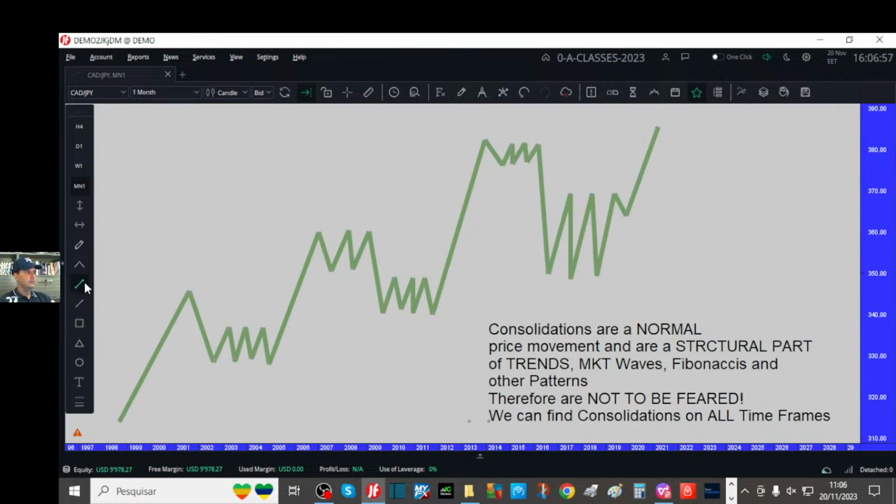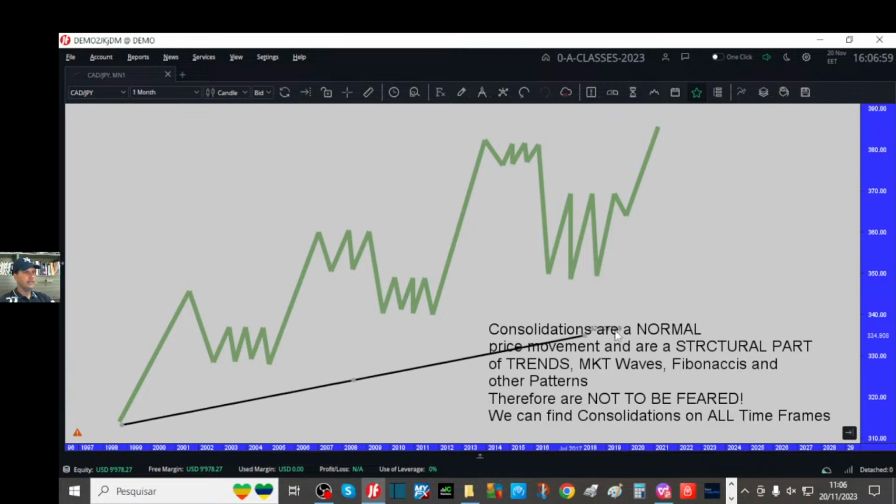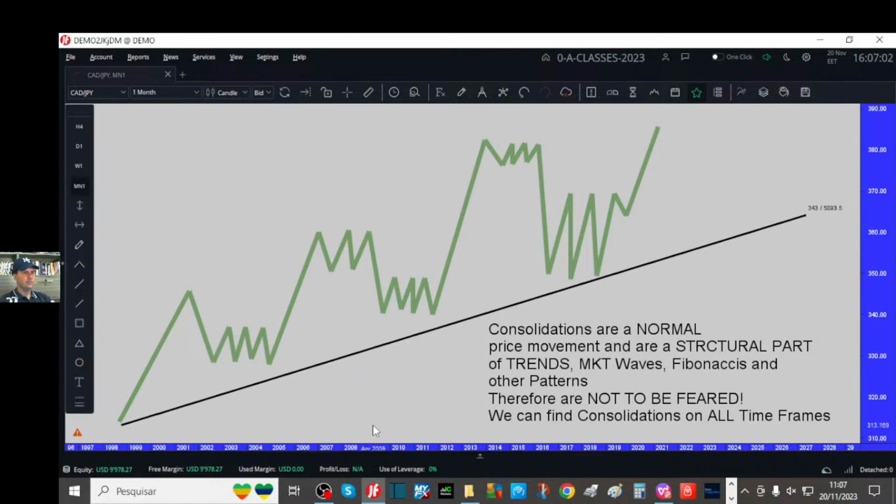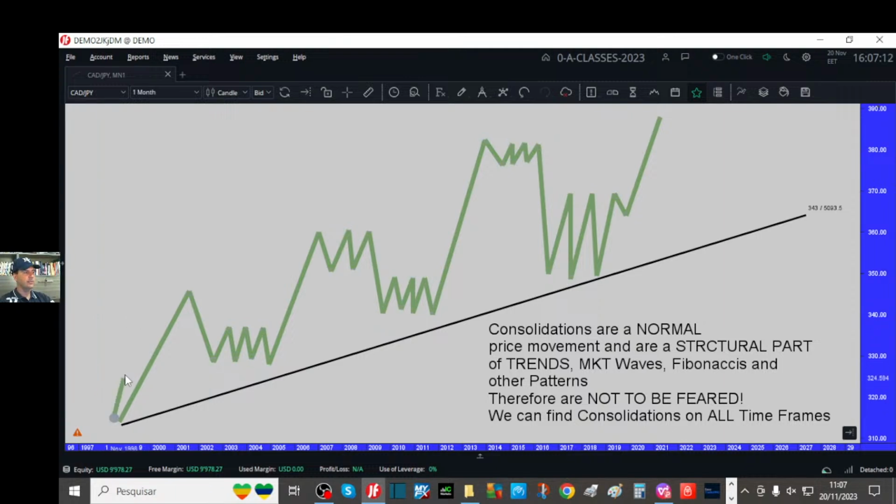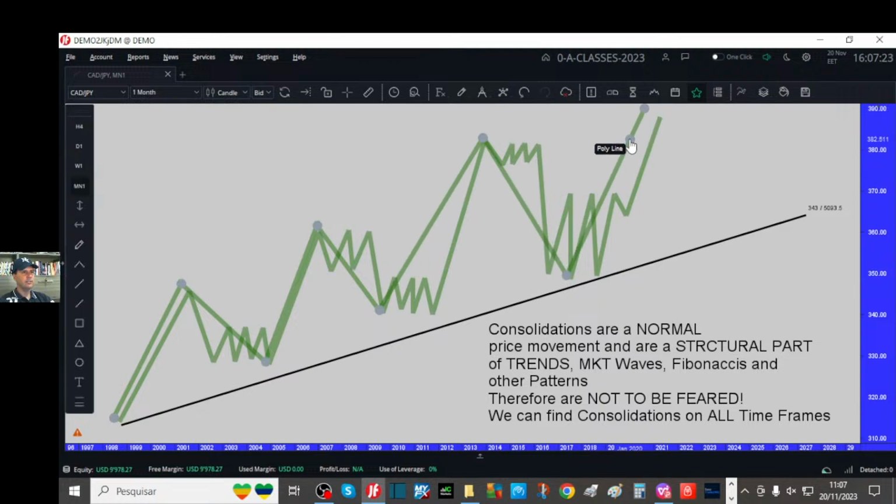Now we've learned trend lines, right? If this is the trend line, everybody, this might be a market wave or this might be a short-term trend. So this is going to be extension, retracement, extension, retracement, extension, retracement, extension.